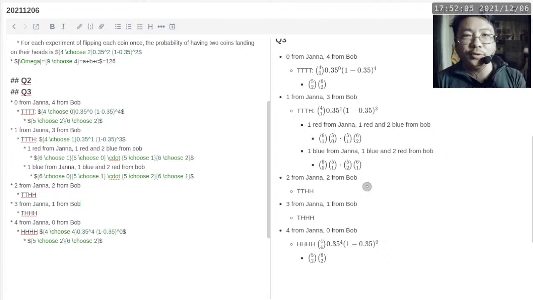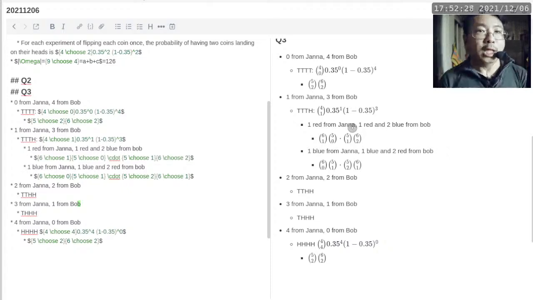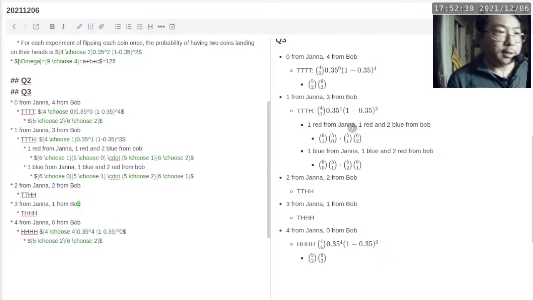You can have 2 reds from one person and then 0 red from the other person. Or you can have 0 red from the first person and 2 reds from the second person. So you have 3 subcases instead of 2 subcases to consider for this case here. This one is for the most part symmetric with the first one. You just have to flip the numbers a little bit. The idea is the same.